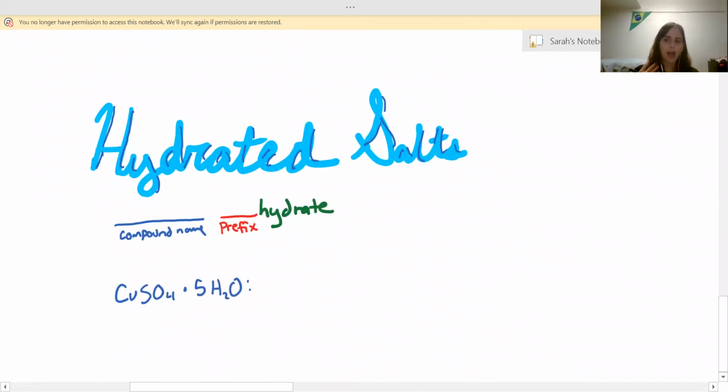So hydrated salts: what makes a hydrated salt is when you have some metal salt that combines with water. And what happens is that the water is kind of embedded in the salt.